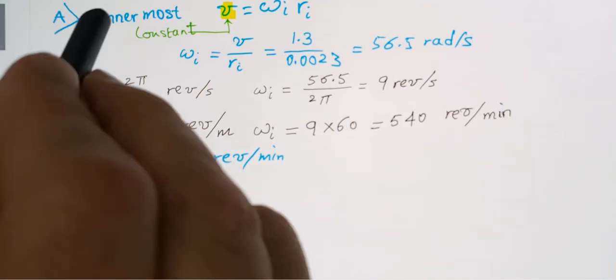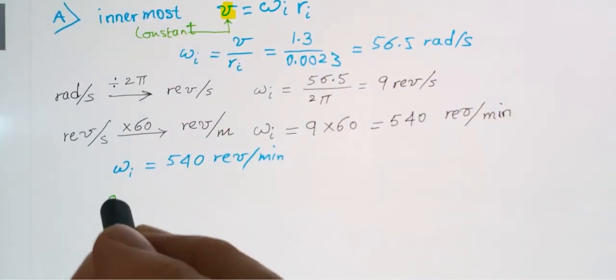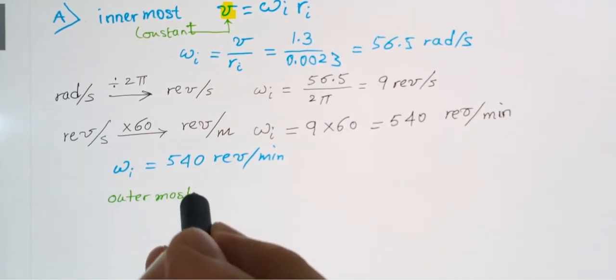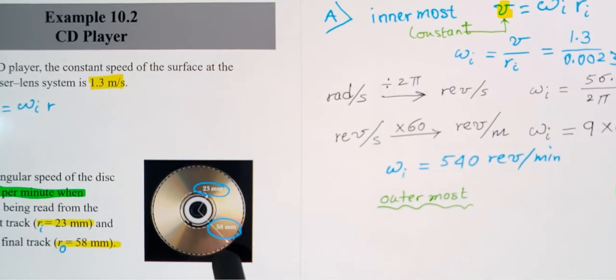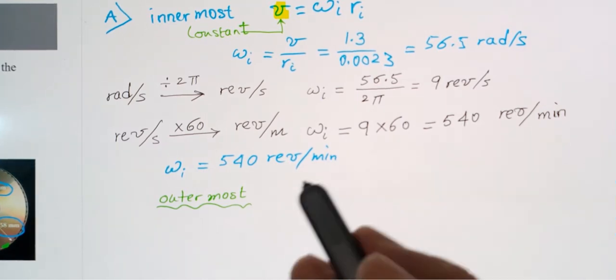Okay, that is in the innermost. How about the outermost? When we are reading information here at the outermost, what will be the CD speed? Of course it will be less, because now we have R is more, so exactly the same step.